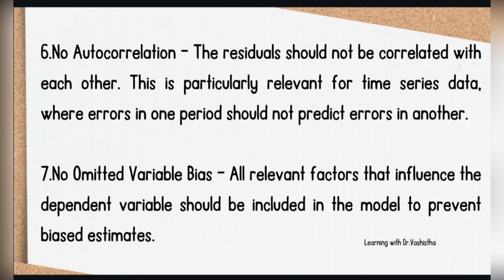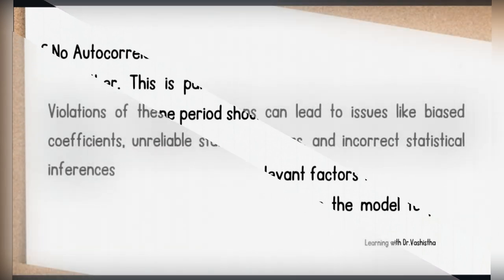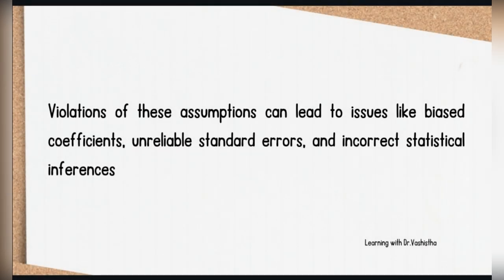Then the last one is no omitted variable bias, which says that all relevant factors that influence the dependent variable should be included in the model to prevent biased estimates. These assumptions hold a lot of value because violation of these assumptions can lead to issues like biased coefficients, unreliable standard errors, and incorrect statistical inferences. So we have to make sure that all these assumptions are met when we go for SRA.